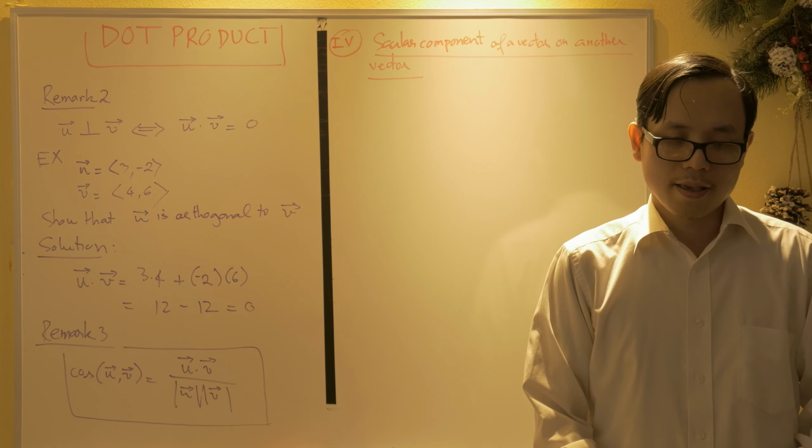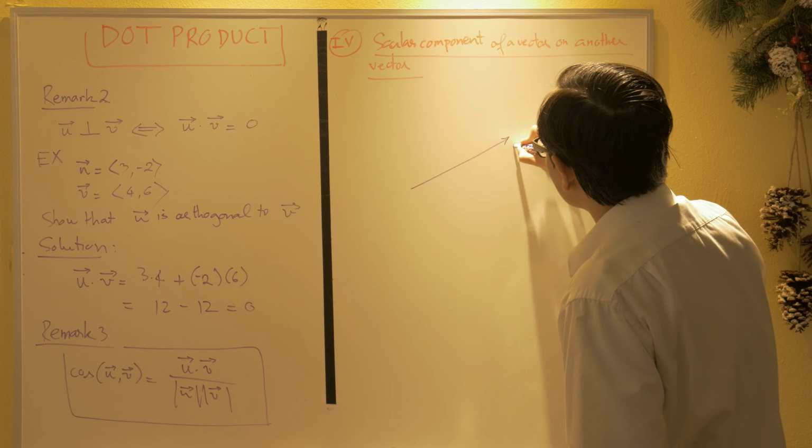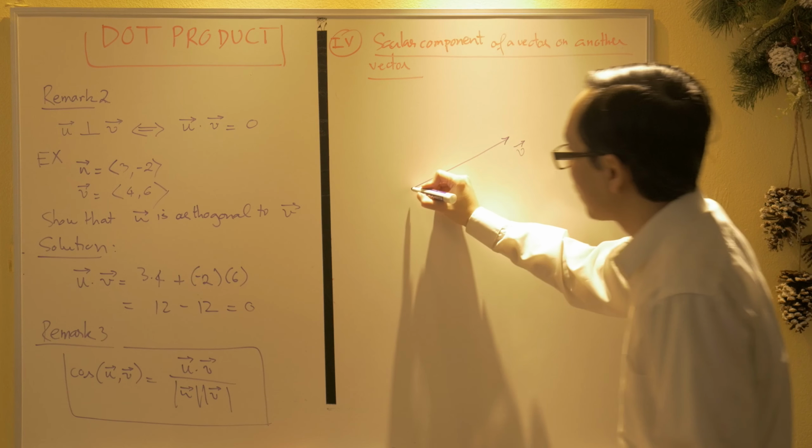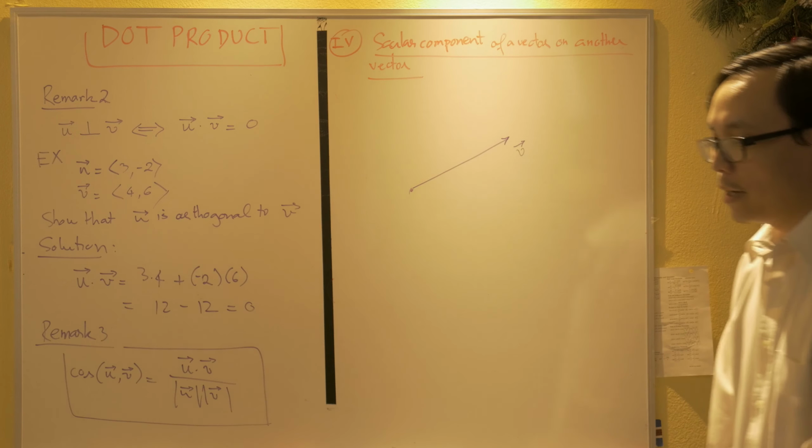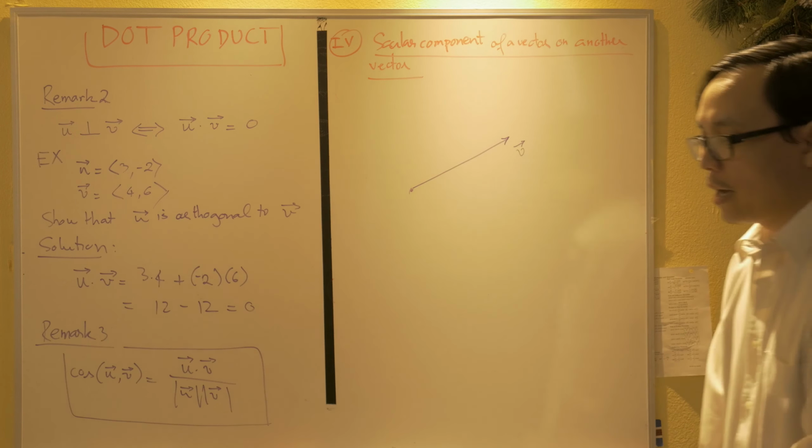Let me draw vector u here. I'm sorry, this is vector v, and I have another vector, this is u here, this is v.